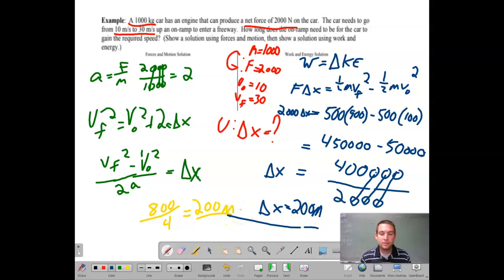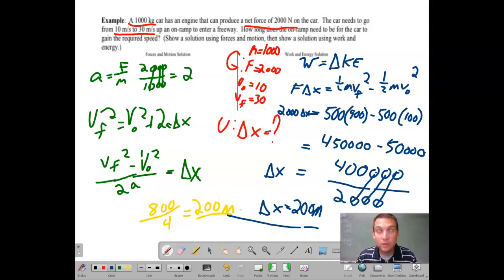Same answer. Two very different ways to solve this. So you can pick and choose. Do you want to do the two equations where you have to find your constant acceleration? Probably that's where you're going to be leaning right now.